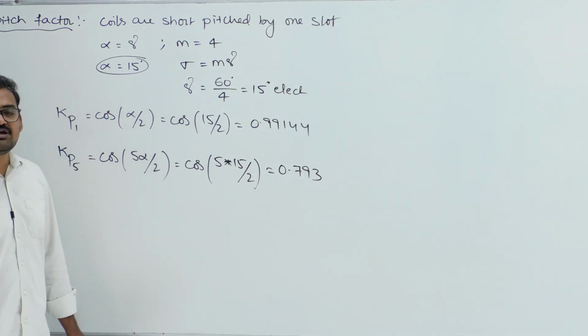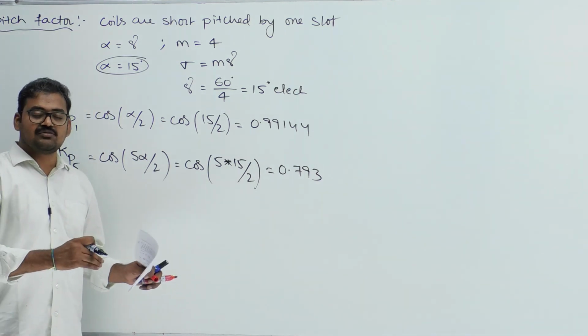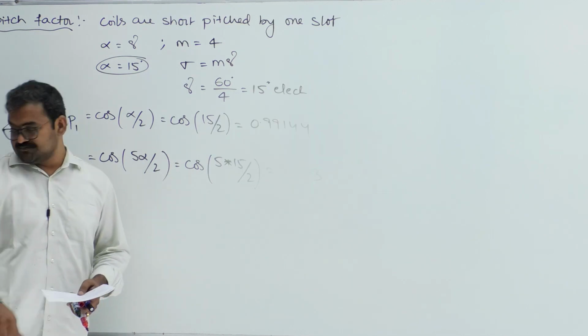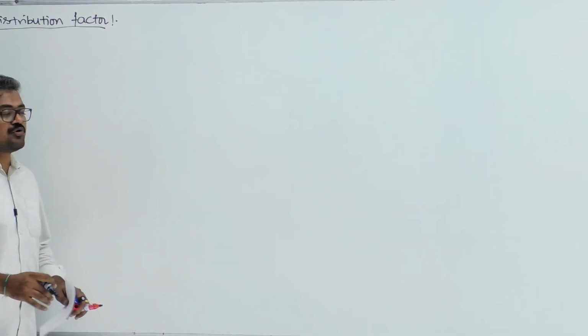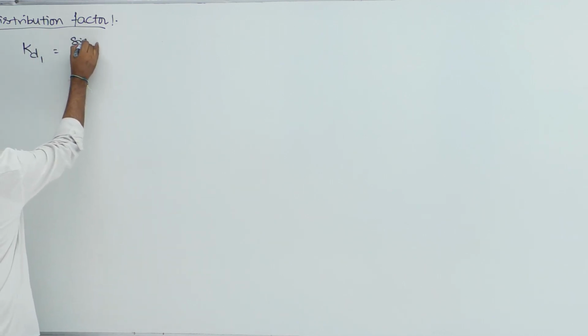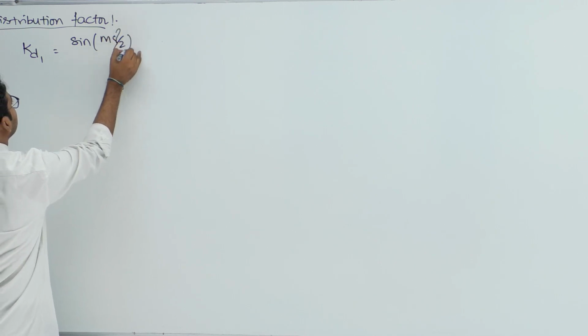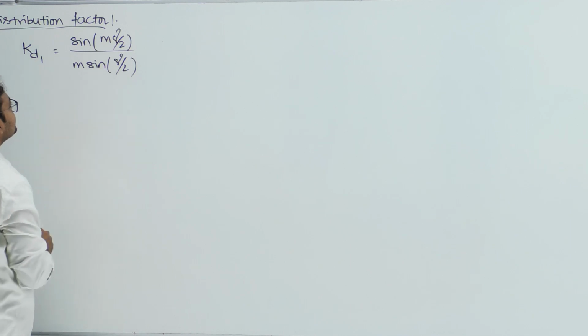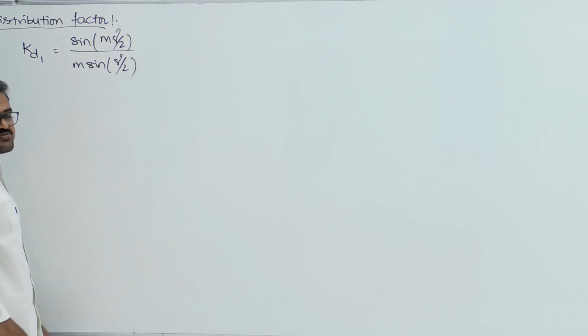One part is done. We calculated the pitch factor. Note this down and then we will proceed to the calculation of the distribution factor. What is the formula we know for the distribution factor? First, for the fundamental harmonic, sin m gamma by 2 divided by m sin gamma by 2, right? M gamma is directly the phase spread.